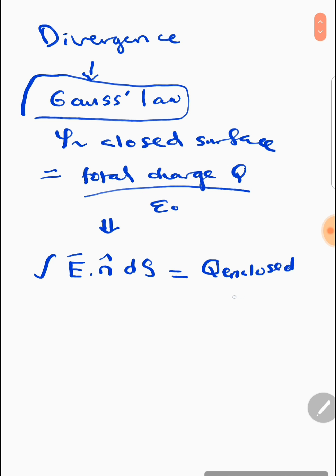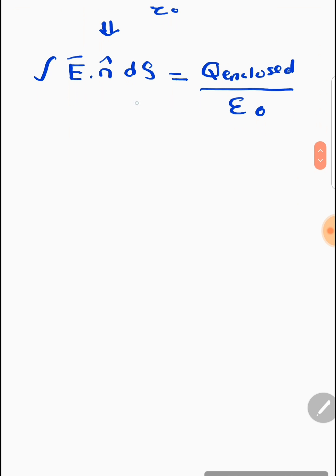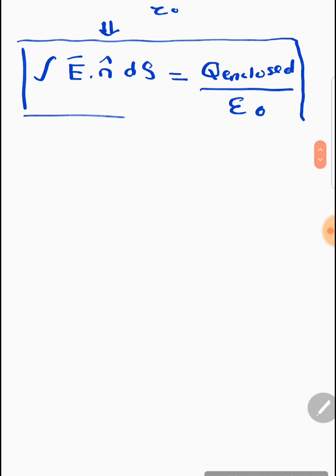I'm just going to put Q enclosed, or Q_enc, over epsilon naught. Now this is what Gauss law is about, so this will be the important formula that we need to remember.